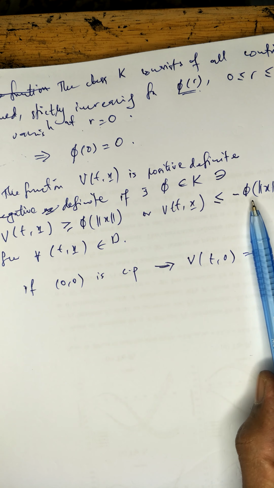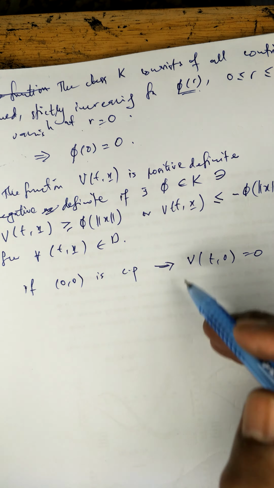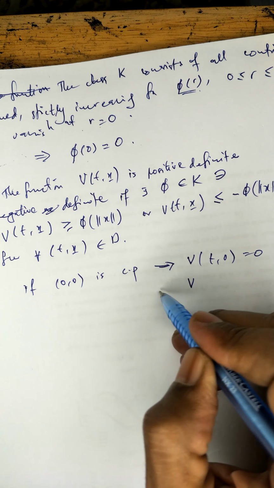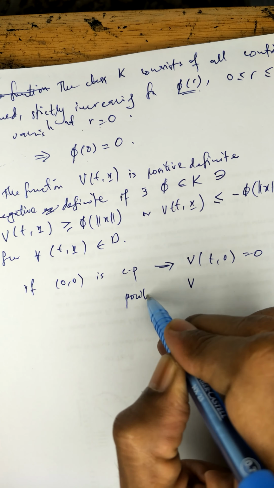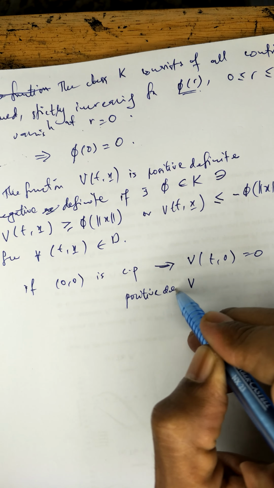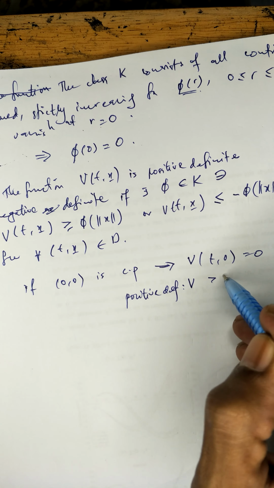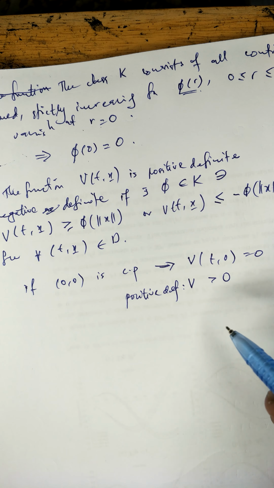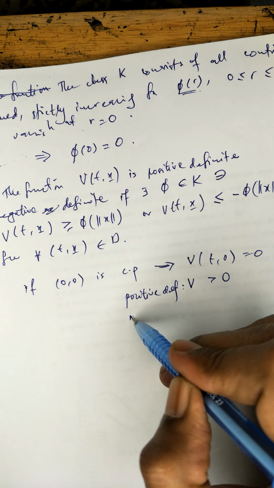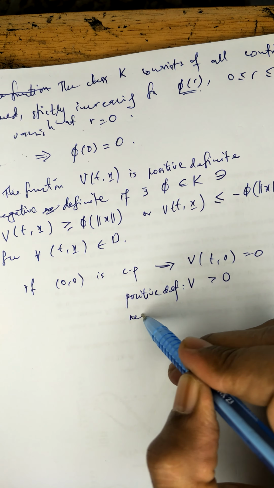We call it positive definite if V is positive, and negative definite if V is negative.